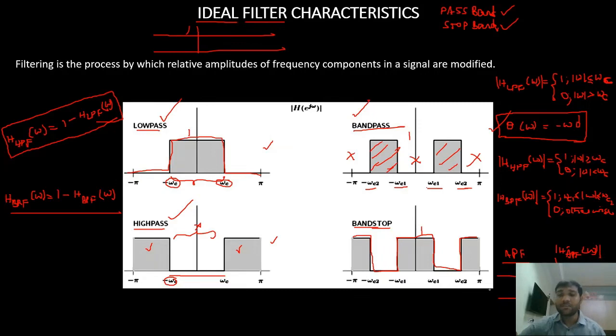It just passes through every frequency in the signal. It does not stop any frequency. Whatever frequency is at the input of the all pass filter, it will appear at the output of the all pass filter. So this will be the frequency magnitude response of the all pass filter. Mod H of omega is always equal to 1 for the all pass filter, right?